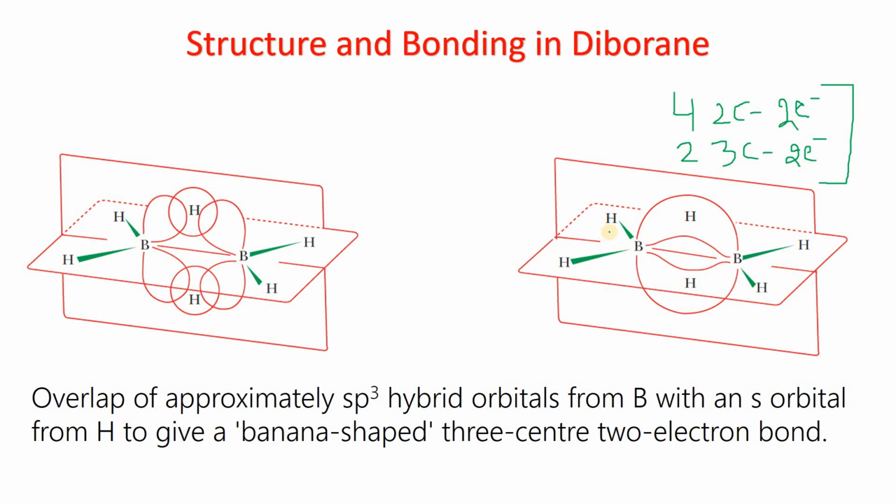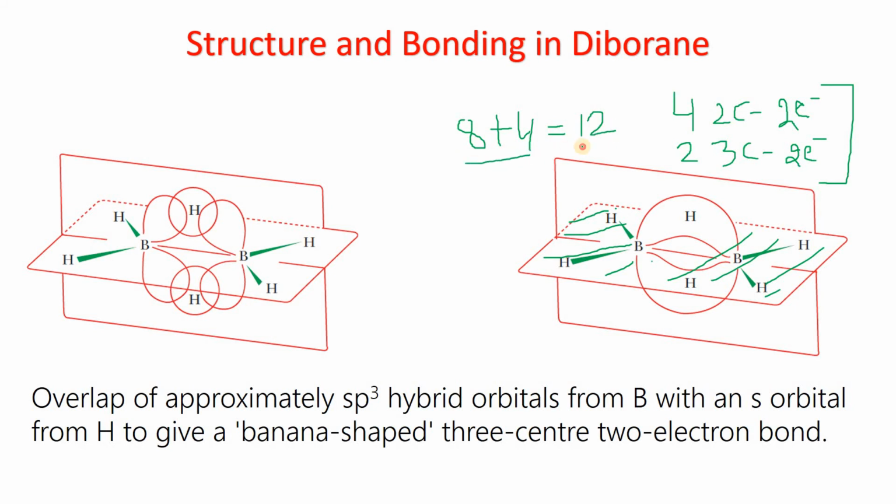These terminal bonds each have 2 electrons. So how many electrons? 2, 2, 2 and 2, 8 electrons. Plus, if you look at the bond above the plane, it has 3 centers, 1, 2 and 3, but there are only 2 electrons, and 2 electrons are in the other one. So 4 electrons, and 8 plus 4 is equal to 12.